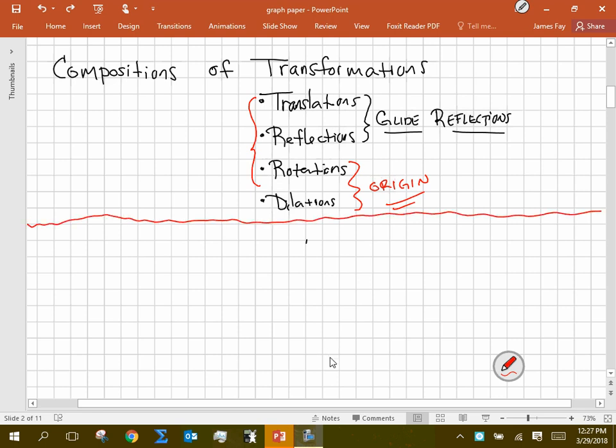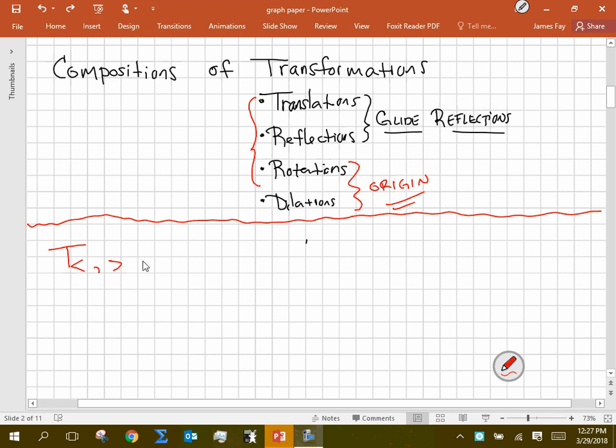All right. So, composition of transformations. You're going to see some notation that may not be comfortable. We know that a capital T means translation, right? And they're going to put something down here in those spots, and that'll tell us how to translate it.